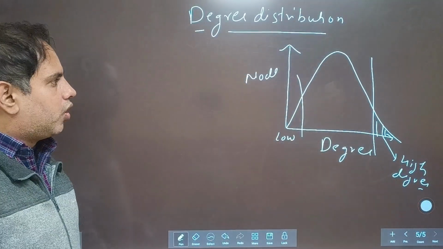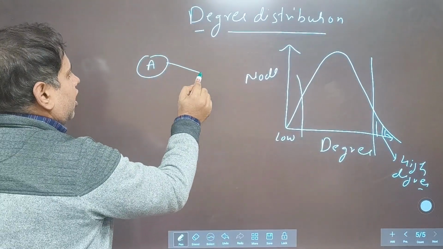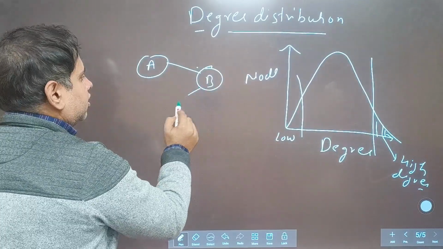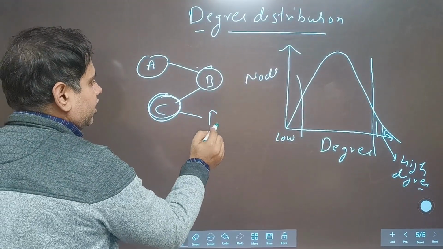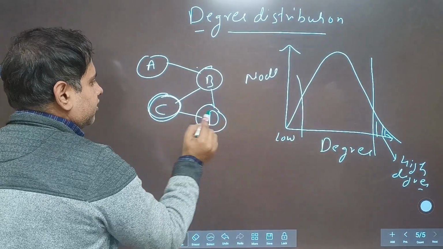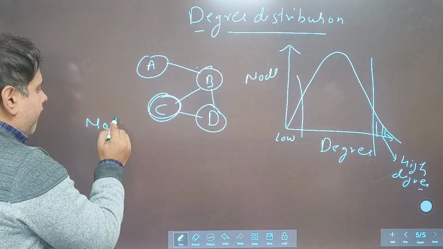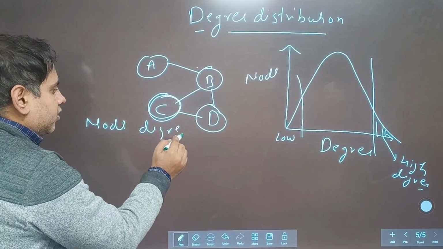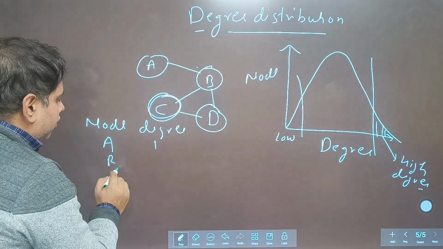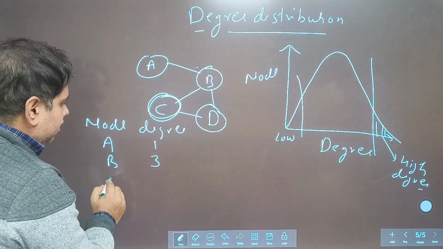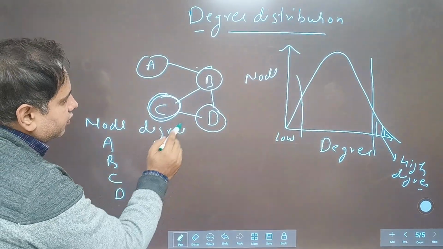For example, we are talking about this network: A, B, then C, then D, and then it's connected with B. If we calculate the degree for each node: node A has 1 degree, node B has 3 degree, node C has 2 degree, node D has 2 degree.